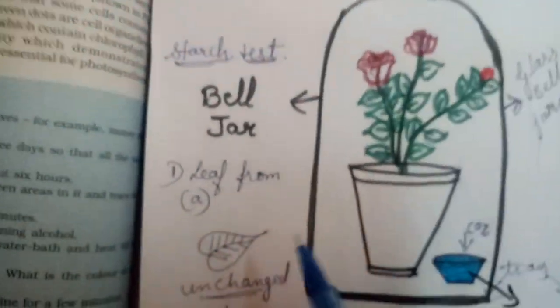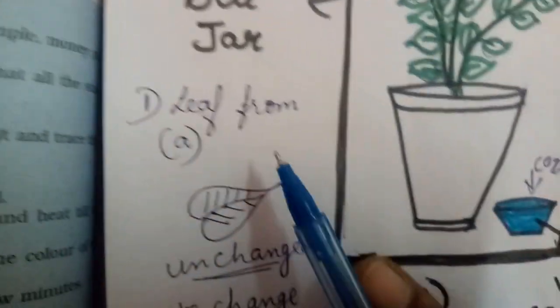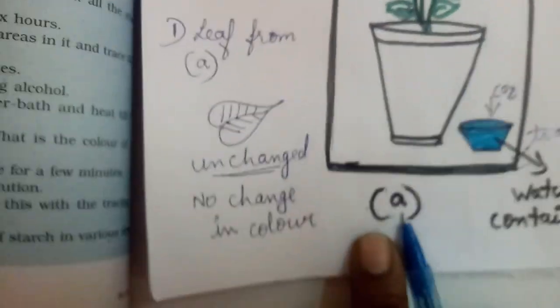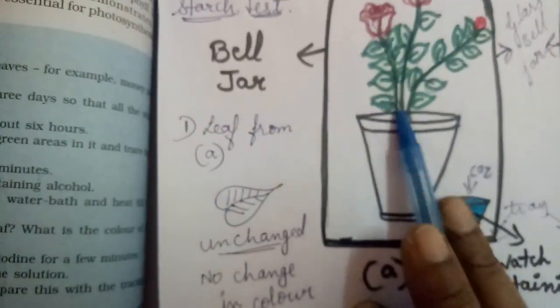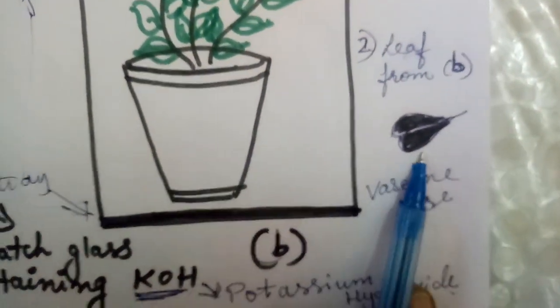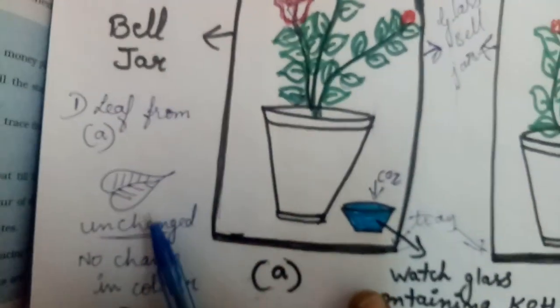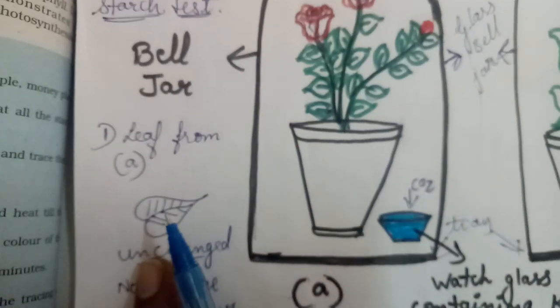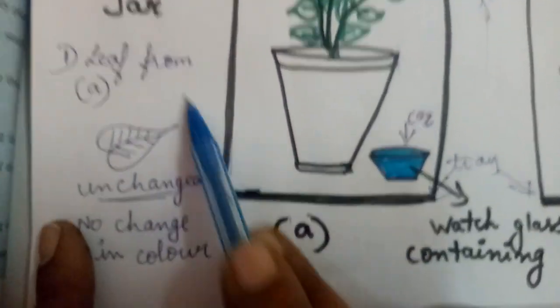So the two leaves which are being tested here, you can see the leaf from potted plant A and the leaf from potted plant B. When you carry out the starch test for both these leaves, what you see is that the leaf from potted plant A remains unchanged.